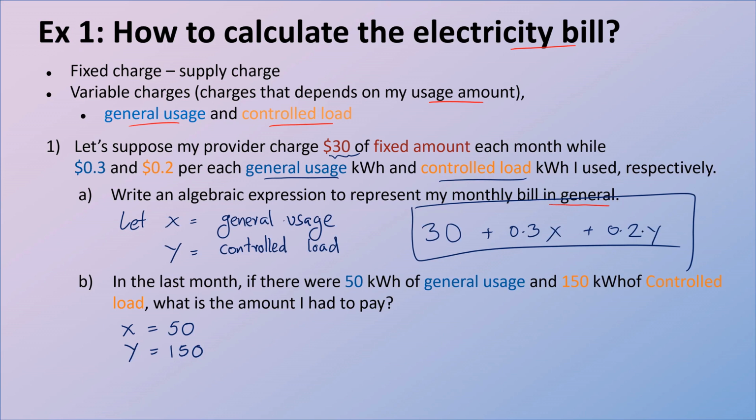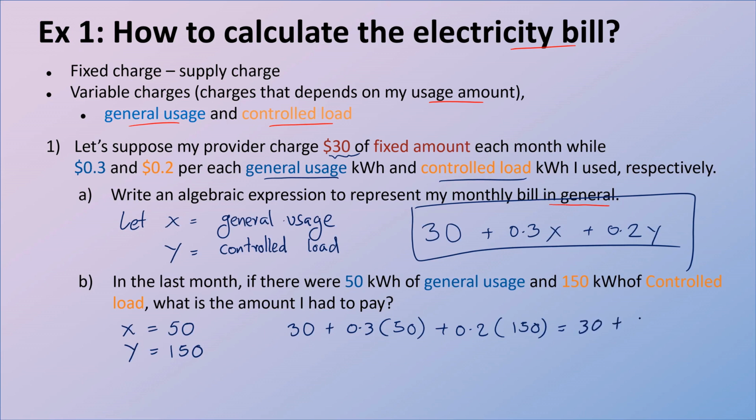Now we can plug those values into our expression to get how much the bill was: 0.3 times 50 for the x and 0.2 times 150 for the y. I can simplify this.